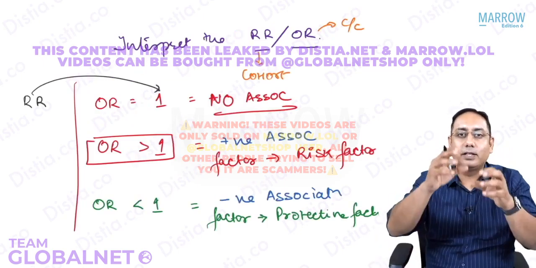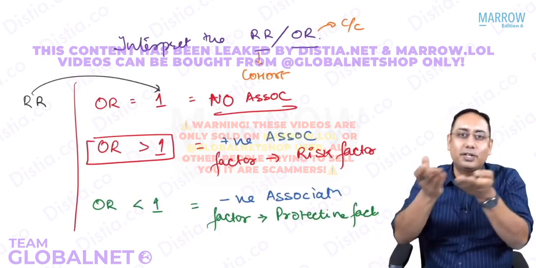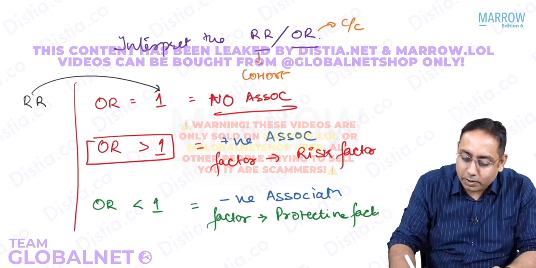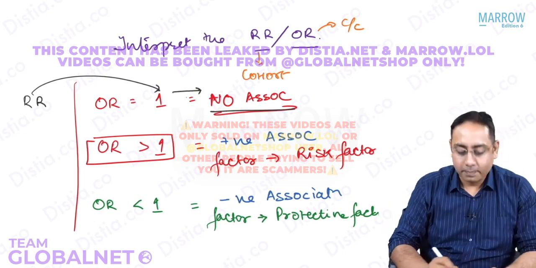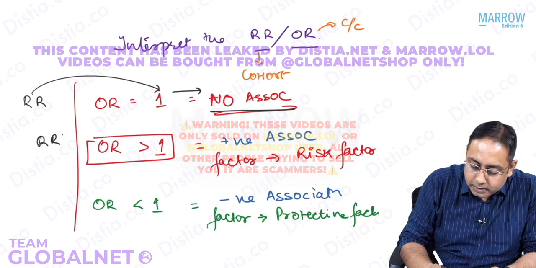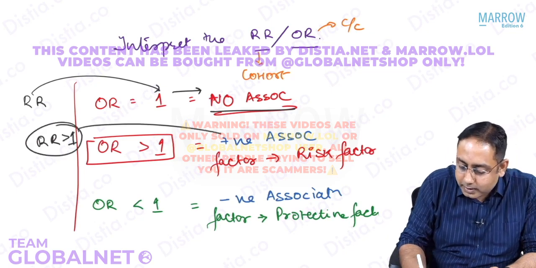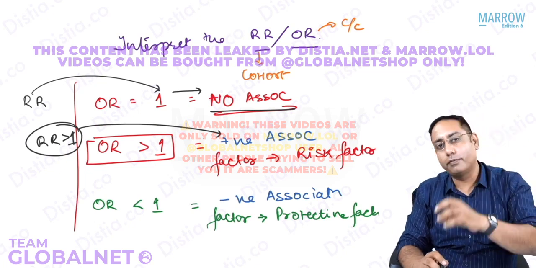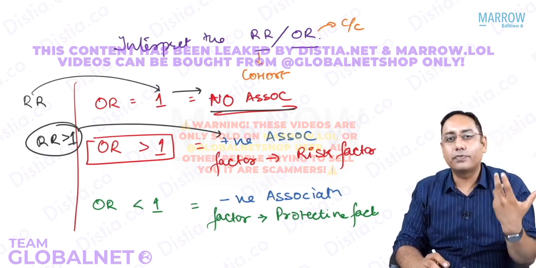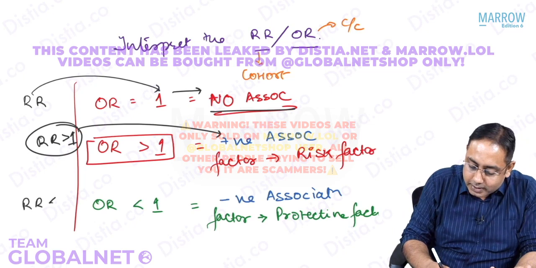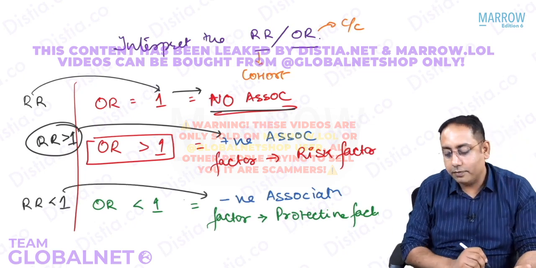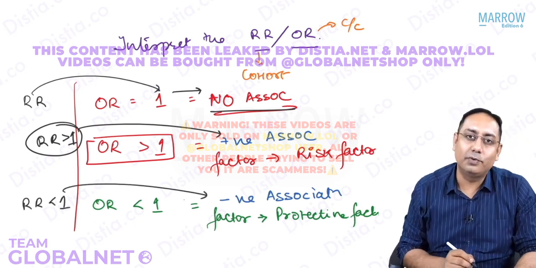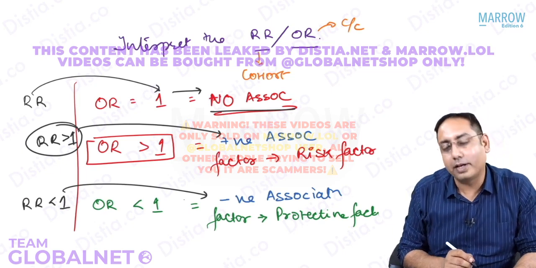Common sense, if it is 1, that means risk in exposed is equal to the risk in non-exposed. That means what? No association. If the relative risk is more than 1, what does it mean? Common sense, same answer. It is risk in exposed is more, so it is a positive association. The factor you are assessing is a risk factor. And if the relative risk is less than 1, that means it is a negative association, or the factor that we were assessing is a protective factor.